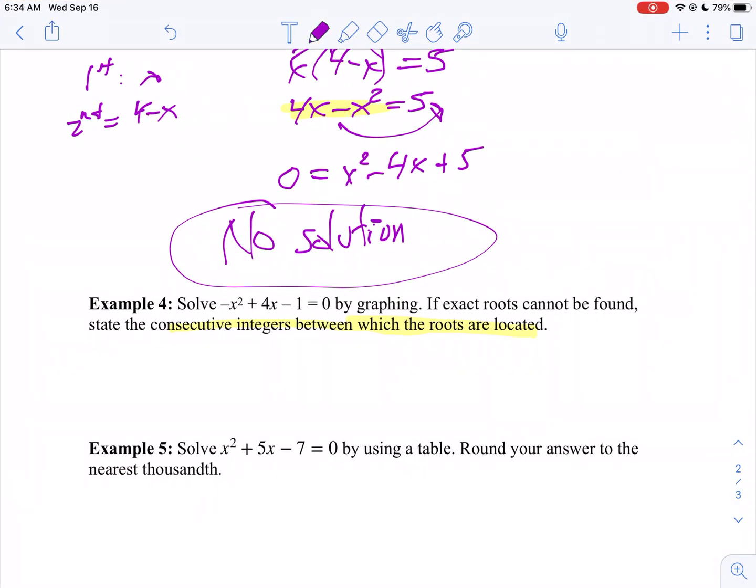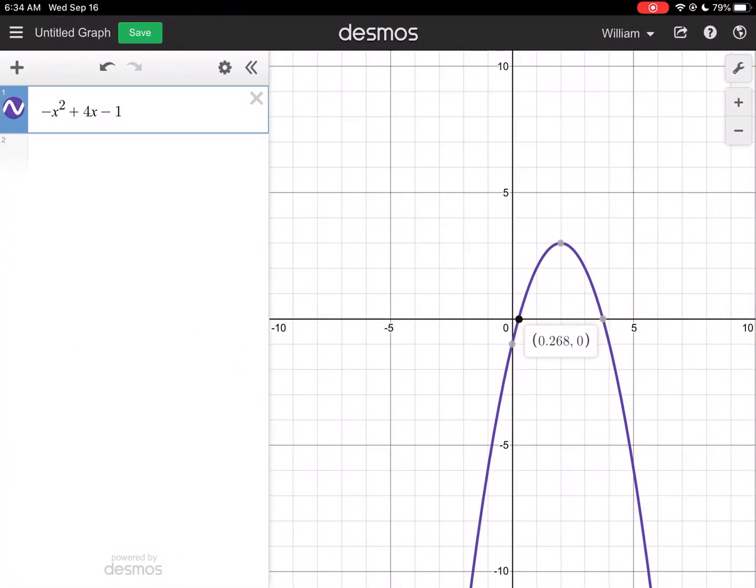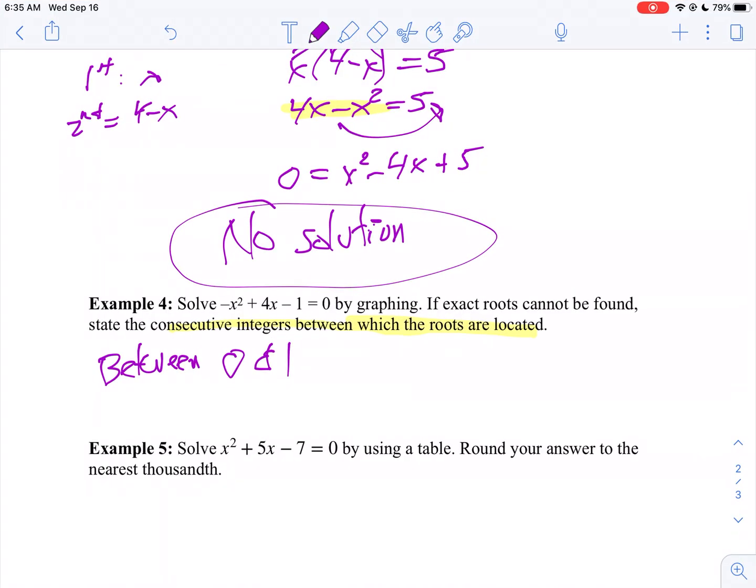We're going to say my solutions are between 0 and 1. And then where's the other solution? Well, that looks between 3 and 4, doesn't it? So between 3 and 4.